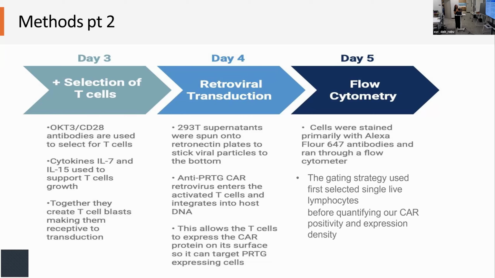This allowed the T cells to express the CAR protein on its surface, so it can target the PRTG expressing cells. And then lastly, the CARs were stained with Alexa Fluor 647 antibodies that ran through a flow cytometer. And the gating strategy used first selected the single lymphocytes before quantifying our CAR positivity and expression density.